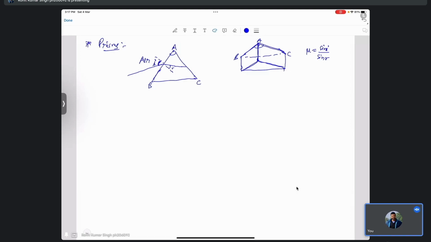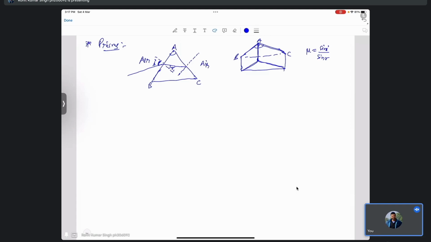Now what will happen? So we have this normal. Let's write it r1. It will bend away, because here you have air again and the light is going from a rarer to denser to rarer medium.